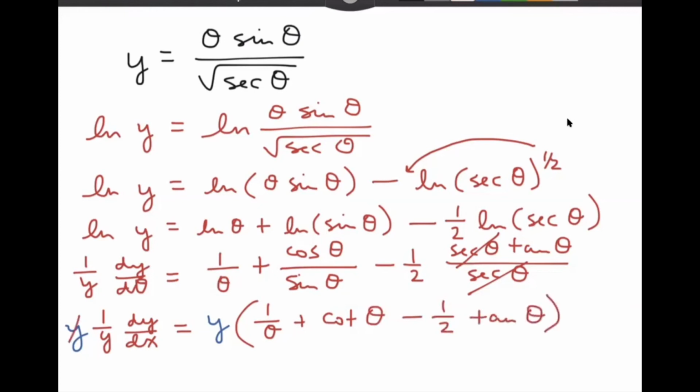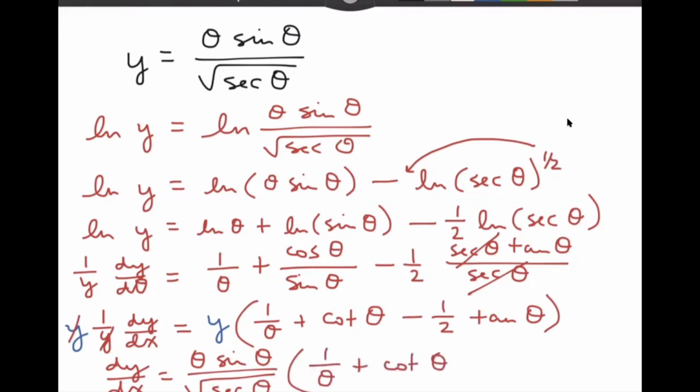All right, so final answer, dy/dx is equal to y, which is theta sine theta over the square root of secant theta, times (1 over theta plus the cotangent of theta minus 1/2 tangent theta). Done.